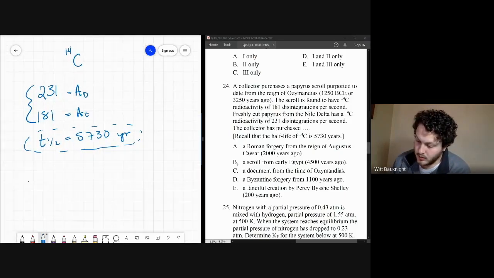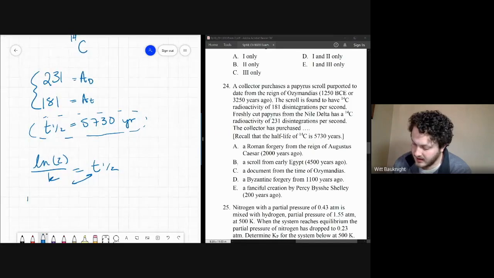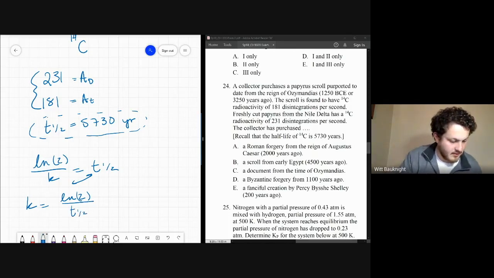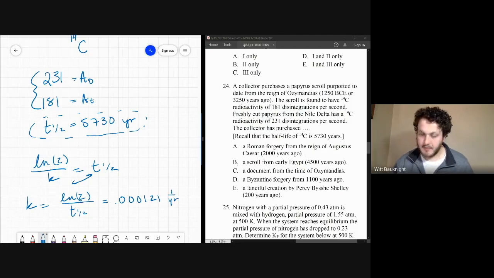So for the rate constant, when you have the half-life, you can switch these places, and k is equal to ln 2 over half-life. I'm plugging in ln 2 divided by 5730, and I get 0.000121 per year for k.